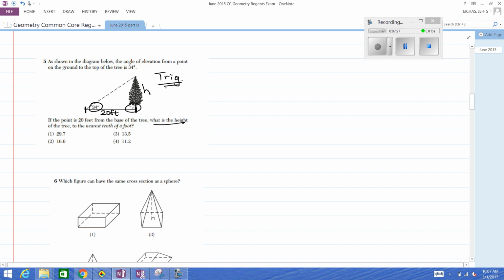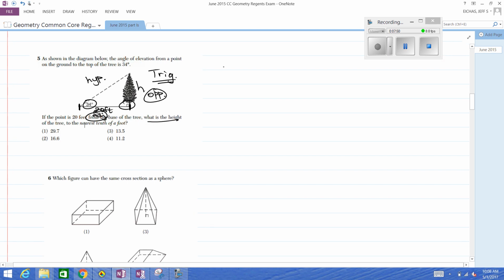Let's call that H for height. And this is a standard right triangle trig problem. So what we usually teach is identify the hypotenuse, identify compared to the angle, the acute angle that's given, we like to identify opposite and adjacent. It looks like opposite and adjacent are the sides involved.